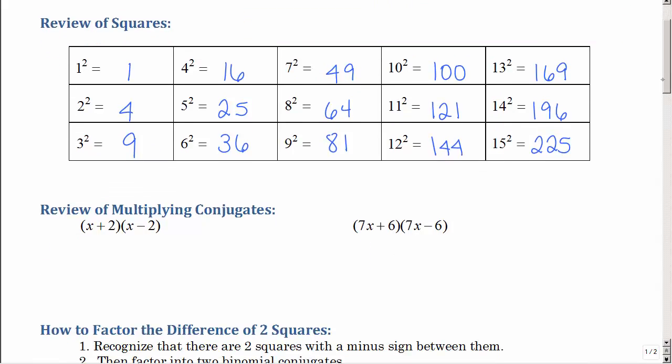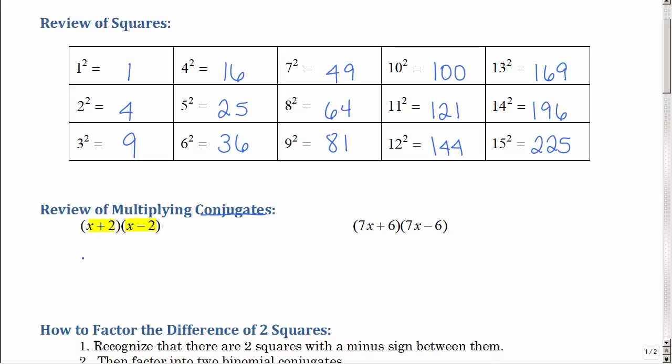Another thing we need to review is something we learned a few lessons ago when we were multiplying, and we multiplied conjugates. Remember, conjugates are binomials that look exactly the same except the middle sign is different. And do you remember the pattern when we multiplied?